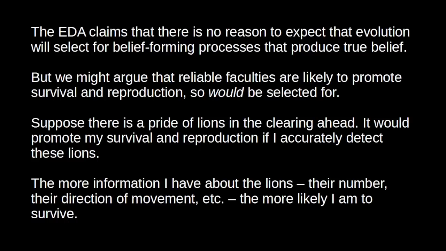So if you think about it like that, I would expect that natural selection will generate reliable perceptual faculties, at least with respect to mid-sized objects in my immediate environment, the sorts of objects that I'm able to interact with and avoid and so on. Maybe there's not really much hope for skepticism here.